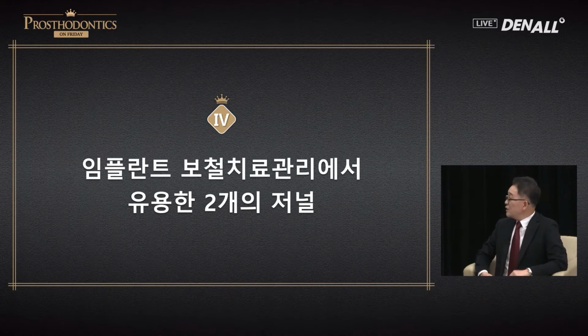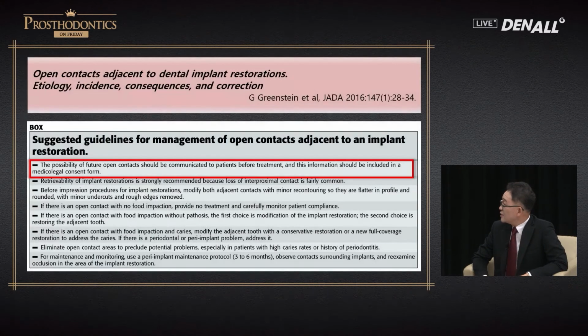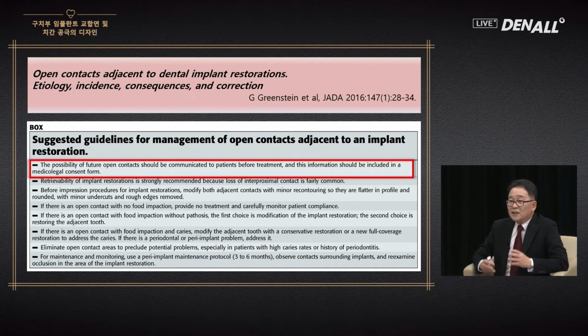So let me briefly touch upon two journals. One of them is this. There is a lot to talk about this, but let me just briefly touch upon it. Open contacts, when it happens to Westerners, is it a problem?